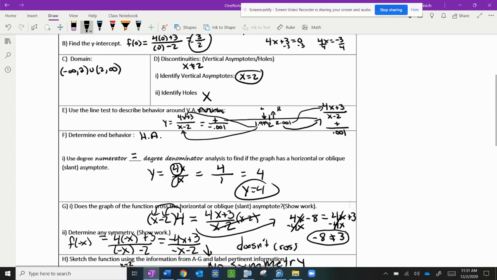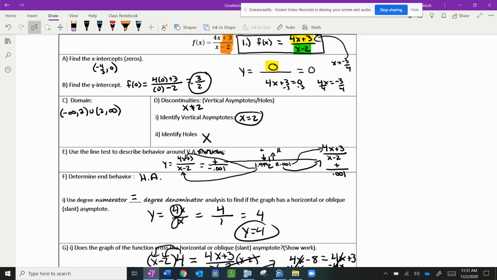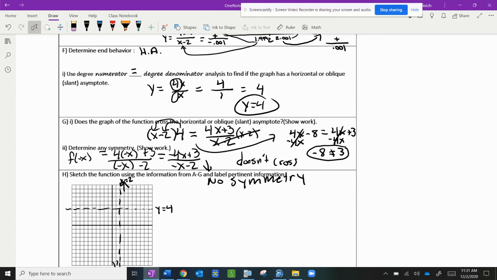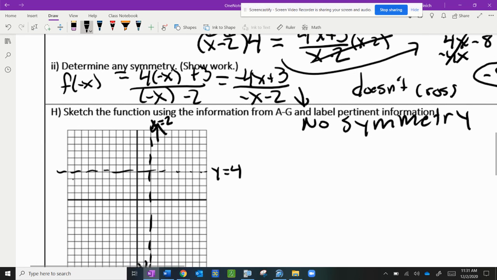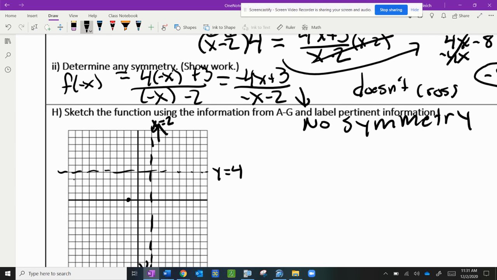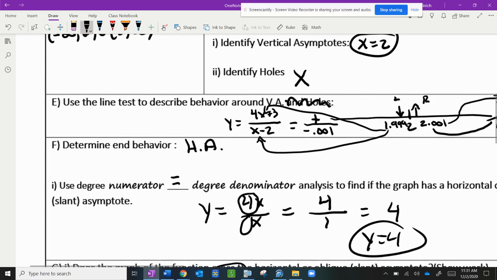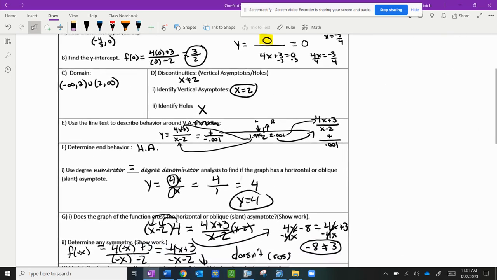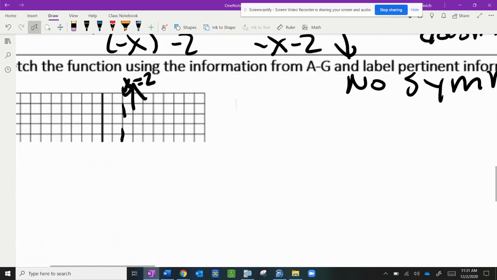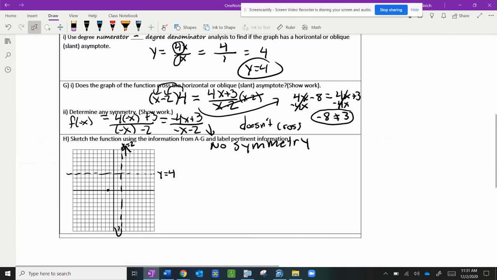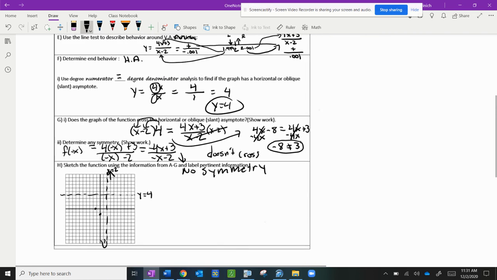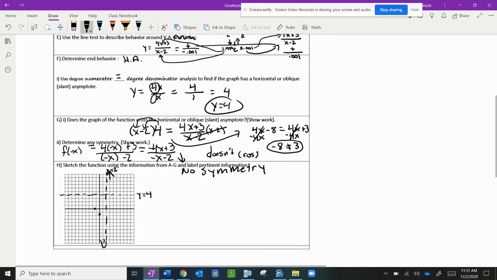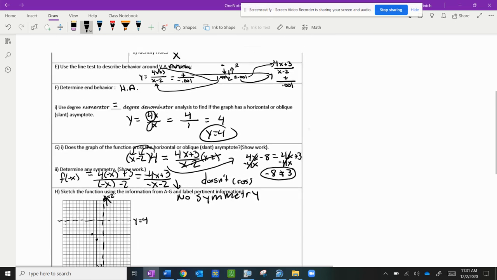I also know that I had an x-intercept at negative 3/4 and also a y-intercept at negative 1.5. And let me see if there's anything else. Doesn't cross, no symmetry.